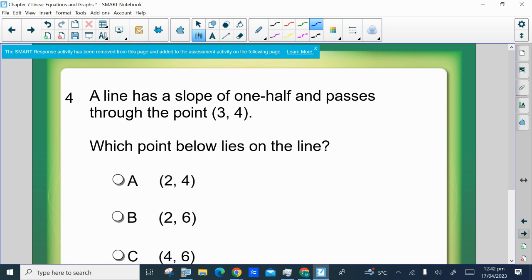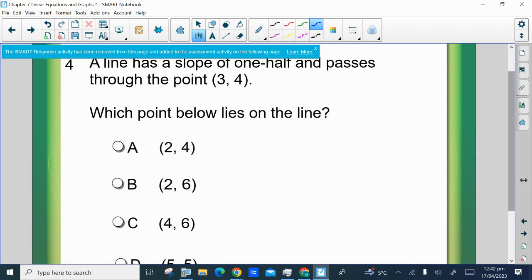And we did this before back in some previous work, using the point-slope form: y minus y1 equals m bracket x minus x1.